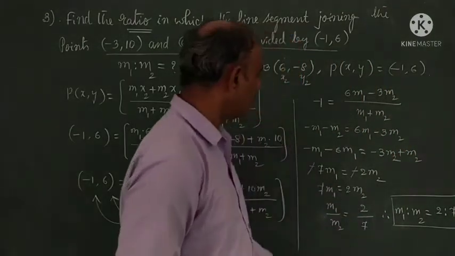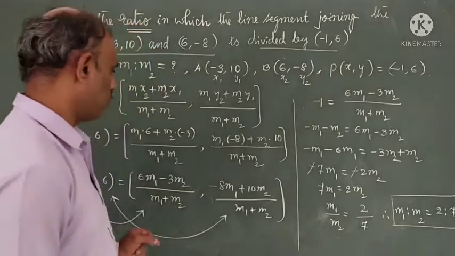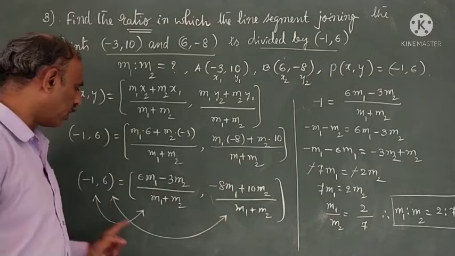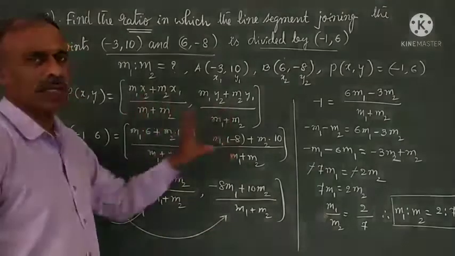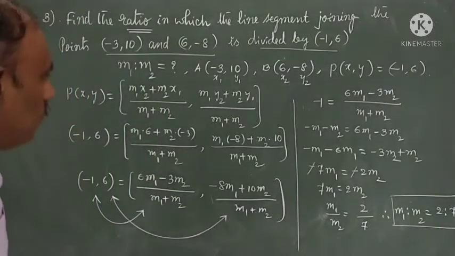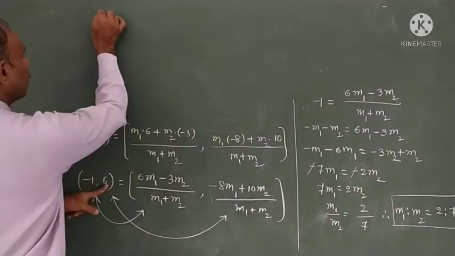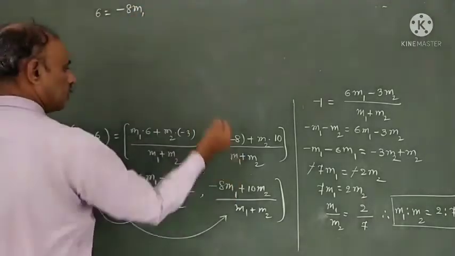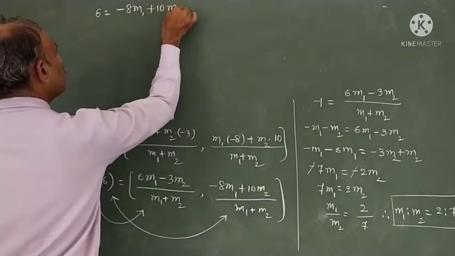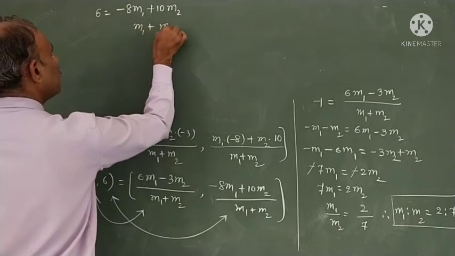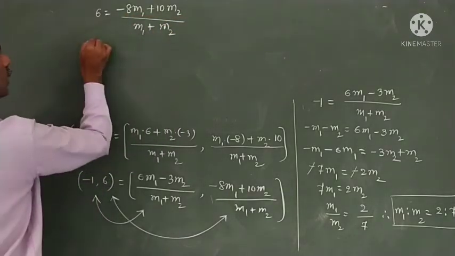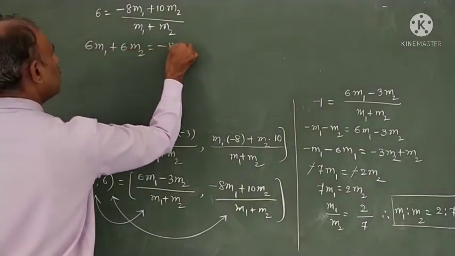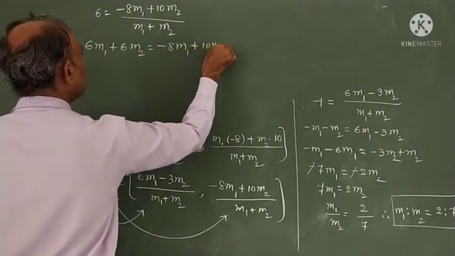Okay, this much is enough. But one confusion may come: sir, if I go with y coordinates, what can I get? We can cross check that also. I will show you. 6 is equal to (-8m1 plus 10m2) divided by (m1 plus m2). If you cross multiply, 6m1 plus 6m2 is equal to -8m1 plus 10m2.